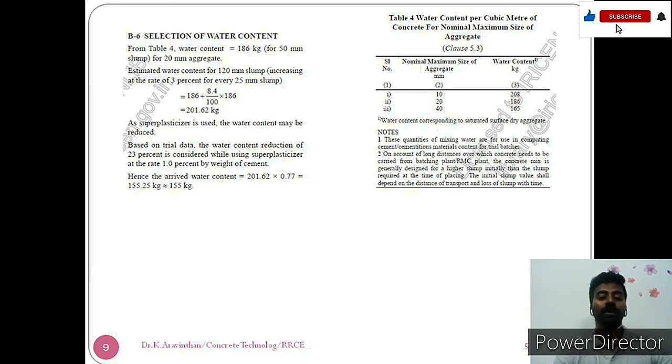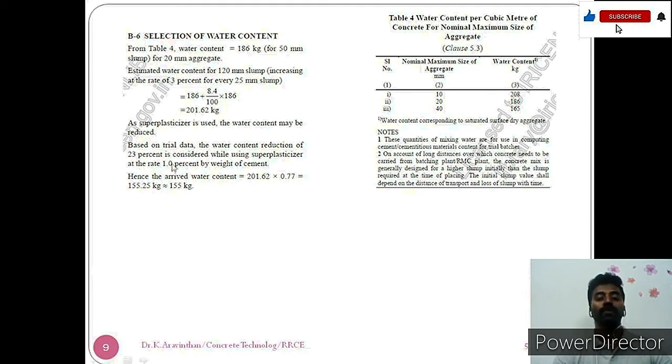And here we are using superplasticizers. So that is why we can assume a 23% reduction of water when we are using superplasticizers. Up to 30% we can assume. Right now for trial purposes we are assuming 23% reduction of this water content.